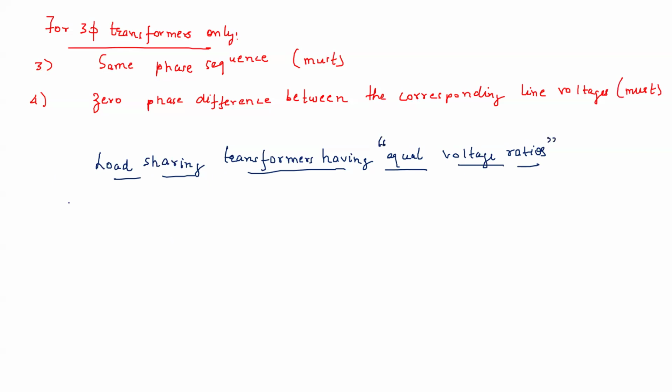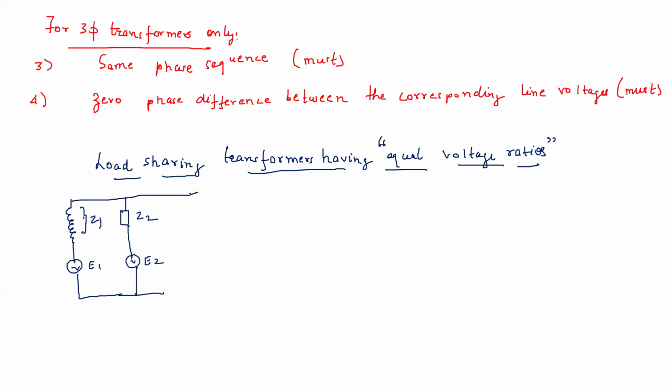Here, this is the case. This is the system you have. Suppose this is the transformer. Its corresponding impedance is Z1. Then there is another transformer. Its corresponding impedance is Z2.